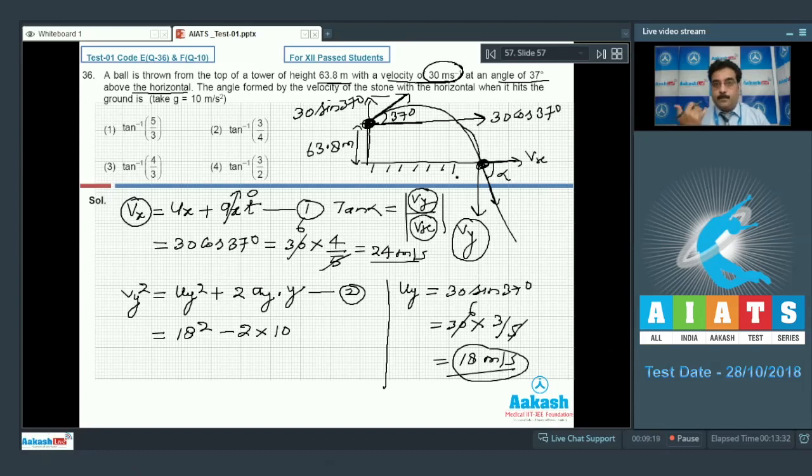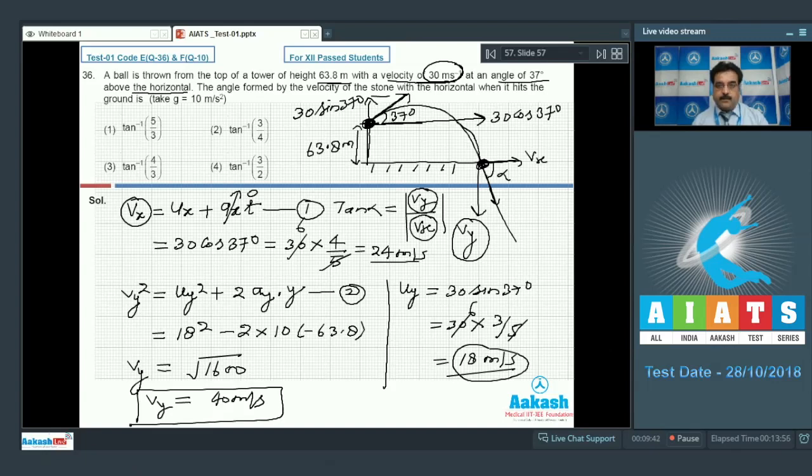You are looking below the origin, that is, you are going downward from the origin. That's why I am going to take minus 63.8. When you solve, you will get 1600 for Vy squared, so Vy is 40 meters per second, and this is the vertical component of velocity at the hitting point. So now I have Vx, that is 24 meters per second, and Vy, 40 meters per second.